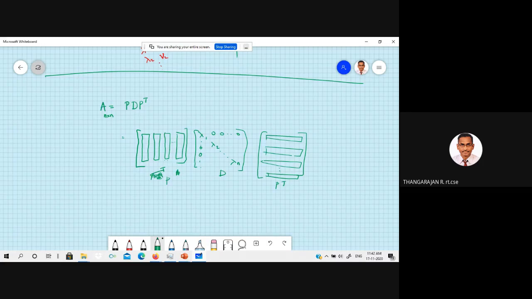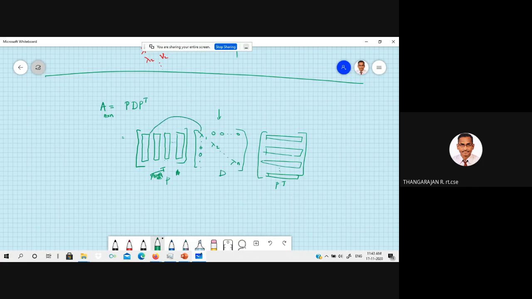Now you see what we are doing. From an arbitrary symmetric matrix, we are getting three matrices. The middle one is a diagonal matrix which consists of the eigenvalues on the diagonal, and the first matrix P contains the corresponding eigenvectors.